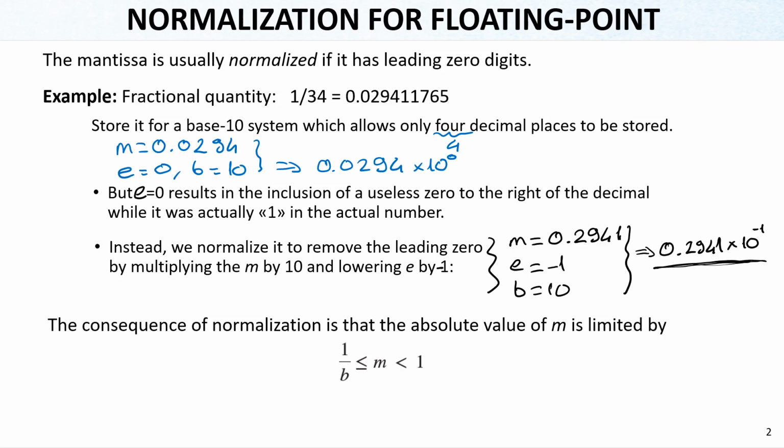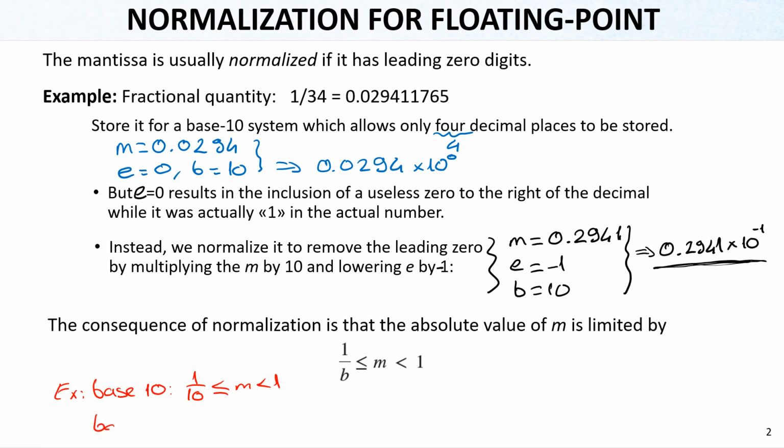If we give an example of base 10 system, we have 1 divided by 10 smaller than or equal to m and smaller than 1. So m can be as minimum as 0.1 and can be as large as 1 but not equal to 1.